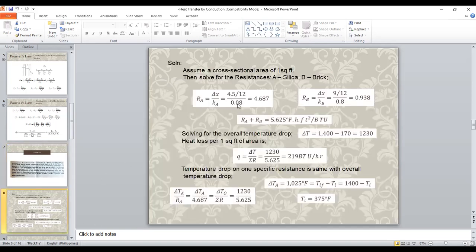Now you have here the resistances of the two. Why get the resistances? Because we need to get the total resistance for our common brick reinforced by the special brick, the silocell. So this is your total resistance. Then we solve for the overall temperature drop, or shall we say the overall temperature gradient, or your overall driving force.